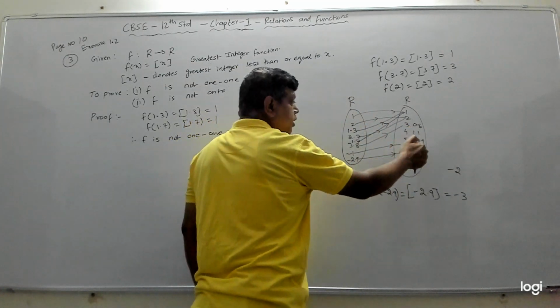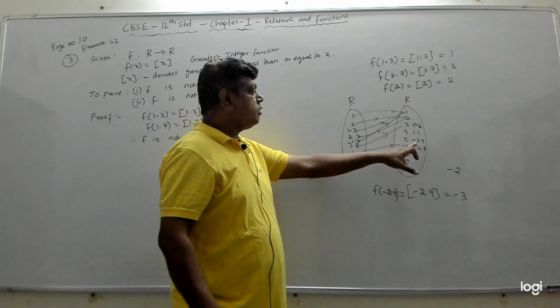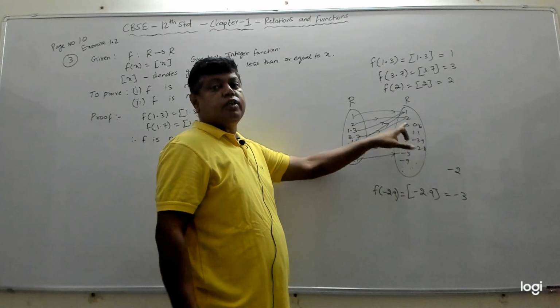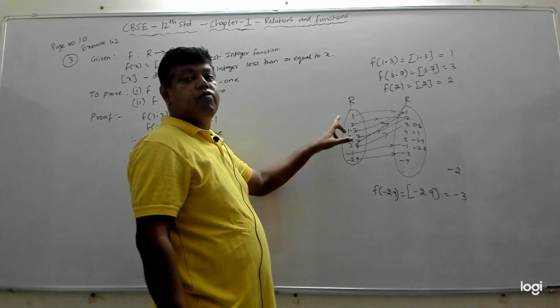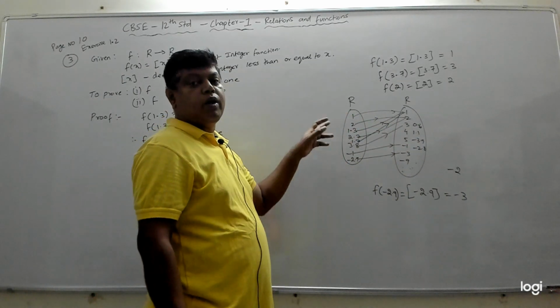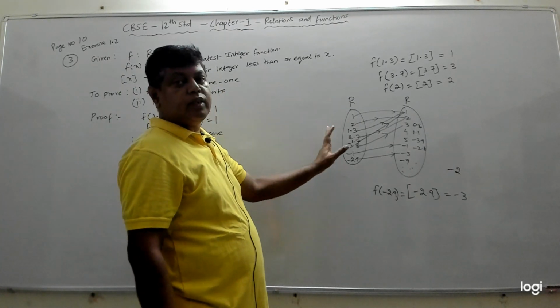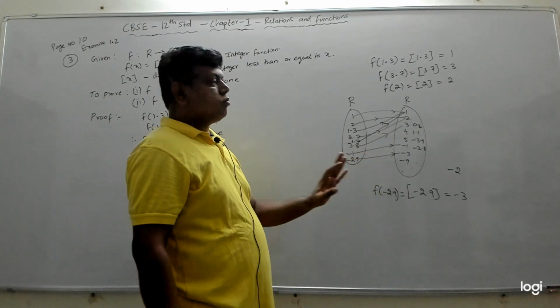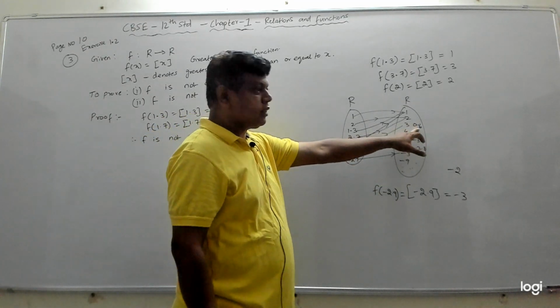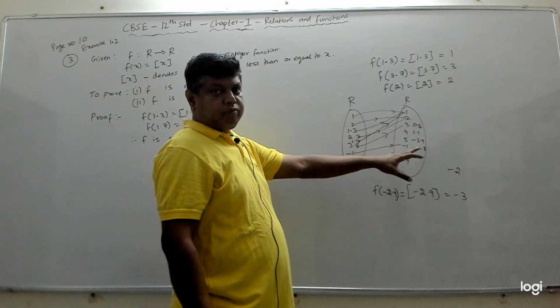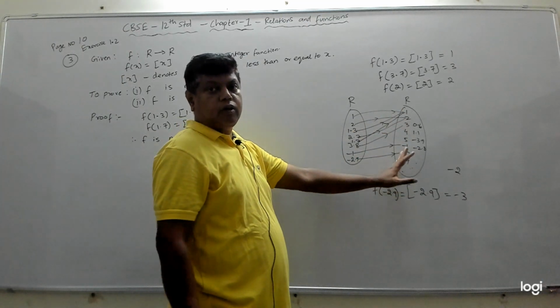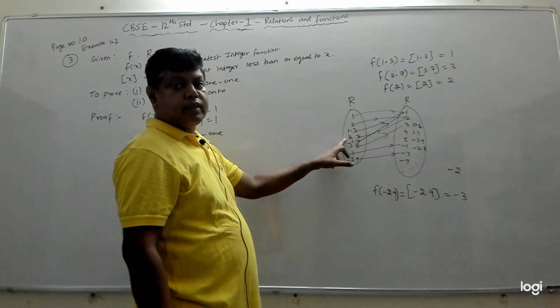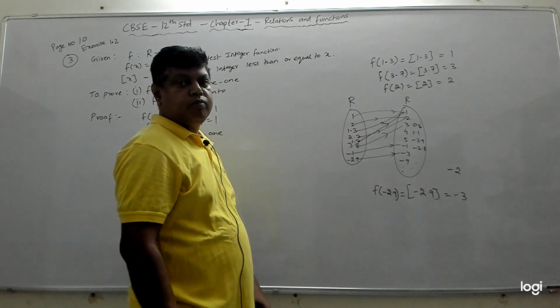If you take any non-integer value, suppose minus 3.9, this does not have any x here such that f of x is minus 3.9. You will never find any x such that f of x will give you minus 3.9. So it is not onto. You can take 1.1 also, or 0.6. Any number which is not an integer will not have any x here such that f of x is this.